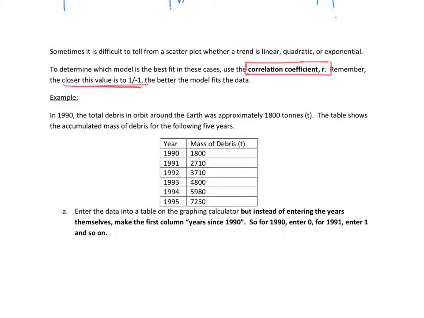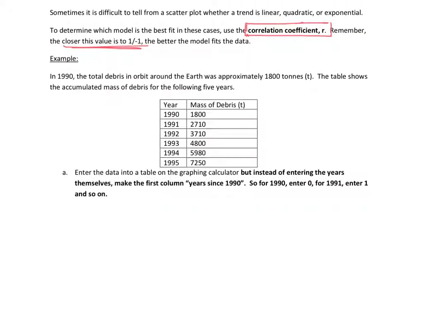And what we want to do is find a model to represent this data so we could make predictions about what the mass of debris would be years later, assuming that the trend in the table held constant, which it may or may not, of course.